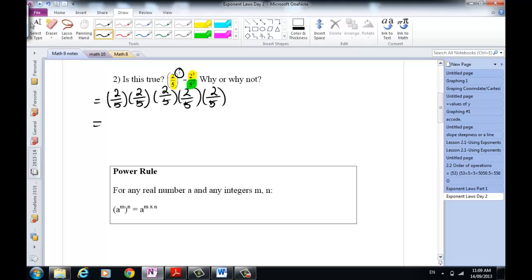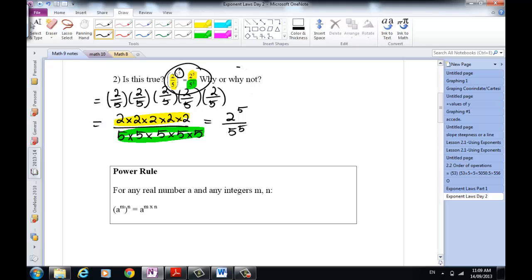Of course I can get rid of my brackets and just rewrite this as 2 multiplied by itself 5 times divided by 5 multiplied by itself 5 times. If I write the numerator and the denominator in index notation, what I end up with is 2 to the power of 5 over 5 to the power of 5. So in fact, our question is true as well.